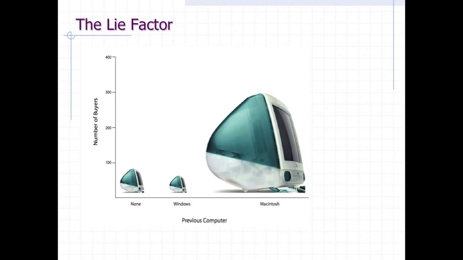Edward Tufte coined the term lie factor to refer to the ratio of the size of the effect shown in the graph to the size of the effect shown in the data. He suggests that lie factors greater than 1.05 or less than 0.95 produce unacceptable distortions.